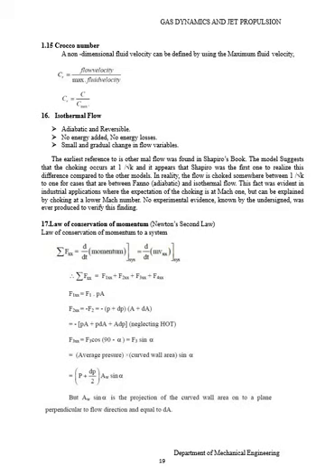In reality, the flow is choked somewhere between 1 divided by root k and 1, for cases that are between Fanno flow and isothermal flow. This fact was evident in industrial applications where the expectation of the choking is at Mach 1, but it can be explained by choking at lower Mach number. No experimental evidence known by the undersigned was ever produced to verify this finding.